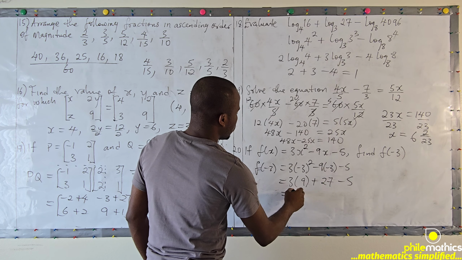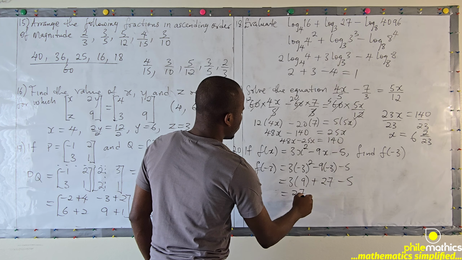This is 27 plus 27 minus 5. 27 plus 27 is 54, minus 5, and this is 49.